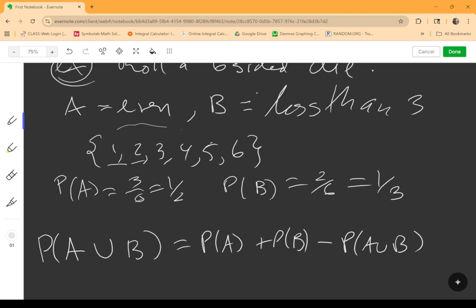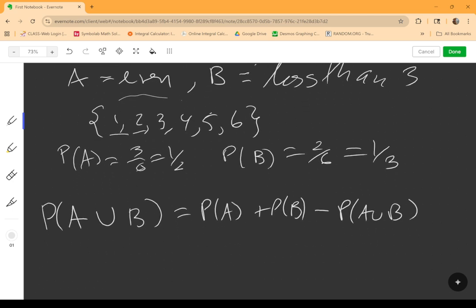Now, if they are disjoint, what you'll calculate is that last term is 0, so it reduces down to the probability of A plus the probability of B. So the probability of A is 1/2, the probability of B is 1/3. And if we look at which one is even and also less than 3, well, that will be 2, exactly one of the outcomes. So that would be minus 1/6, which when you combine all these together, we get 2/3.